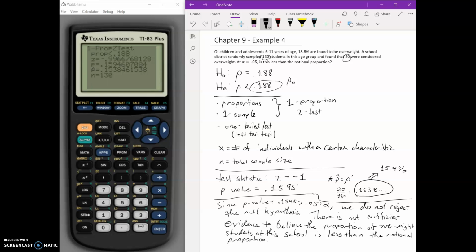And that would conclude our hypothesis testing for this case of proportions.